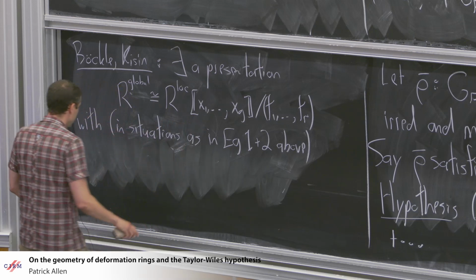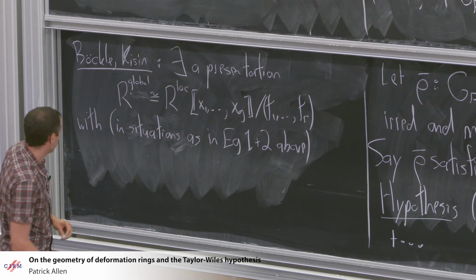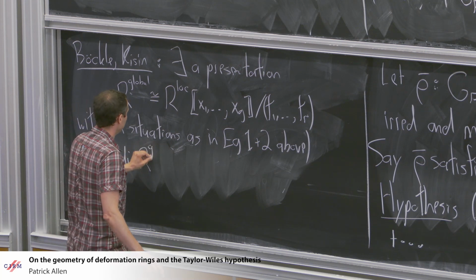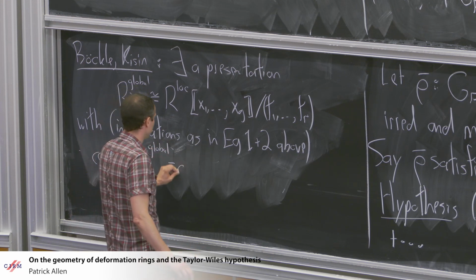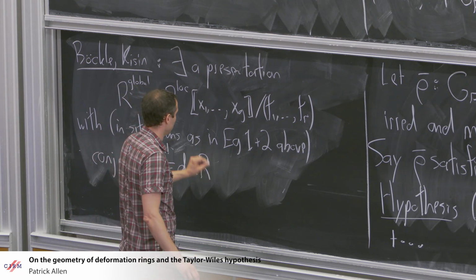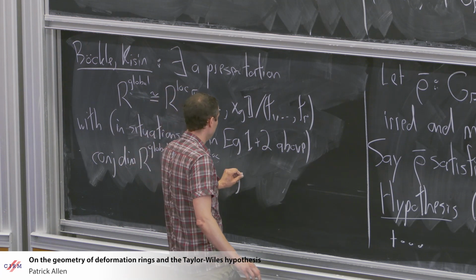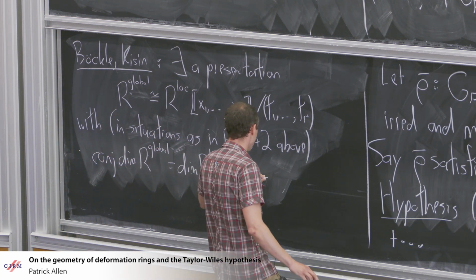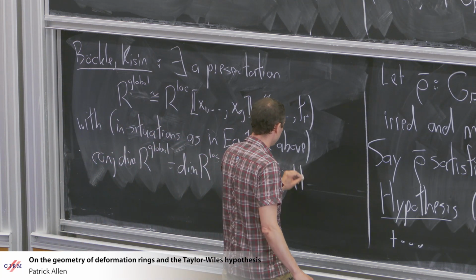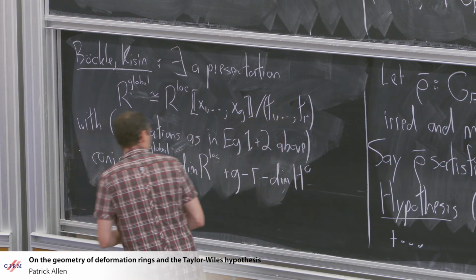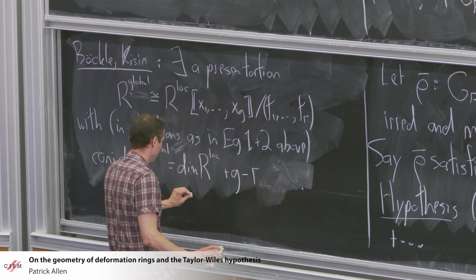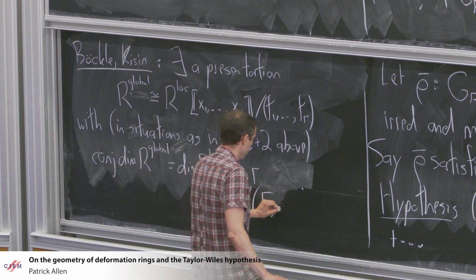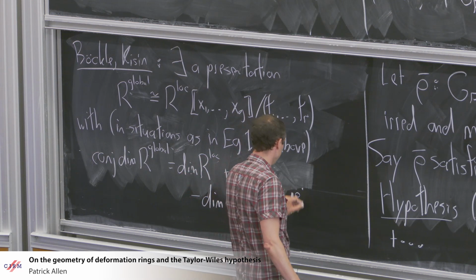what you get is that this presentation is such that the conjectural dimension of R global is equal to, and you usually can compute the dimension of R local, plus g minus r, and then, let me make sure I got my sign right, minus the dimension of the H0. Now I'm going to use trace 0 endomorphisms.